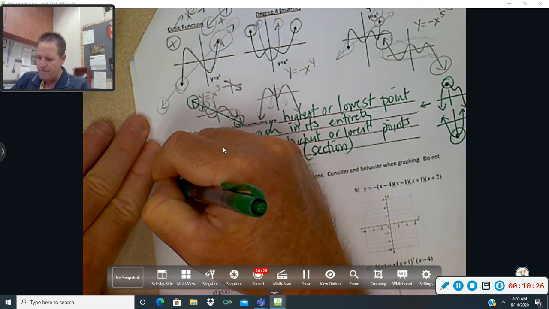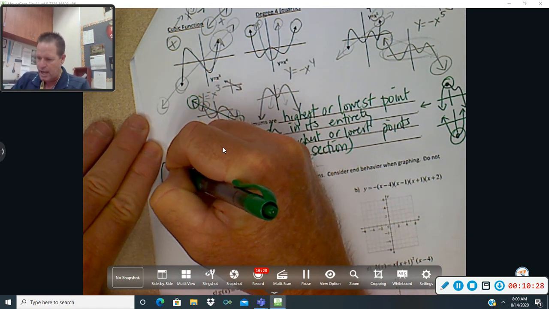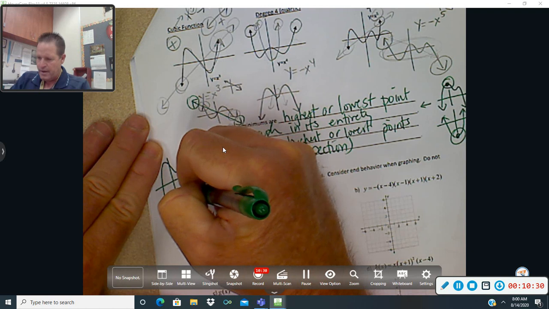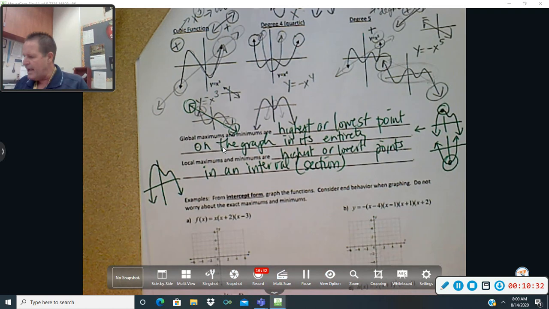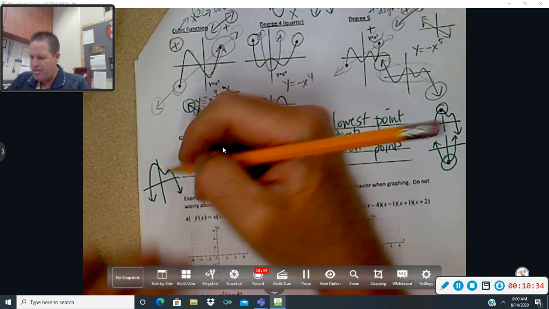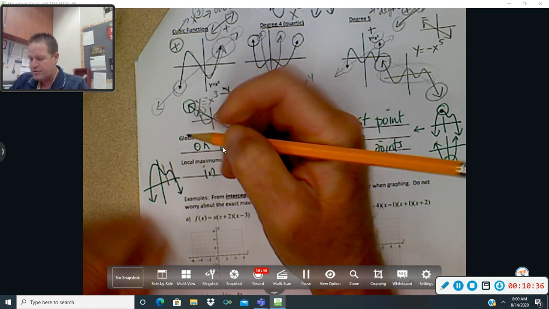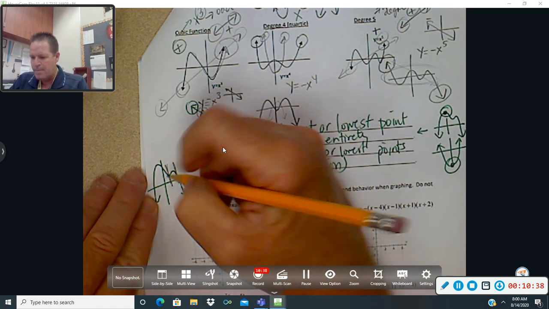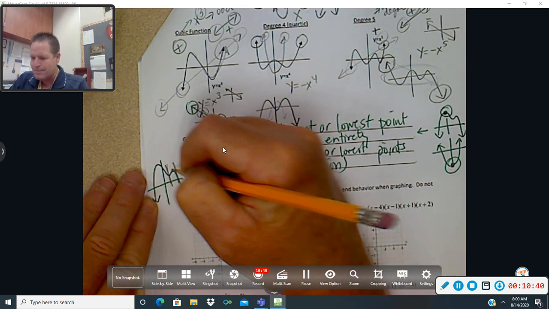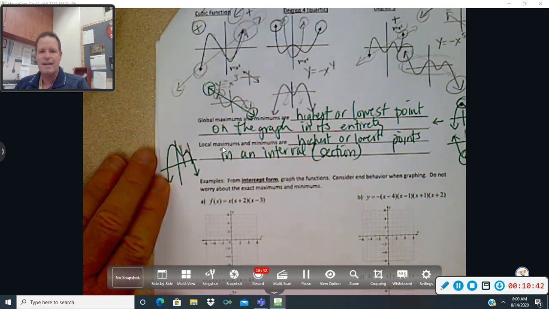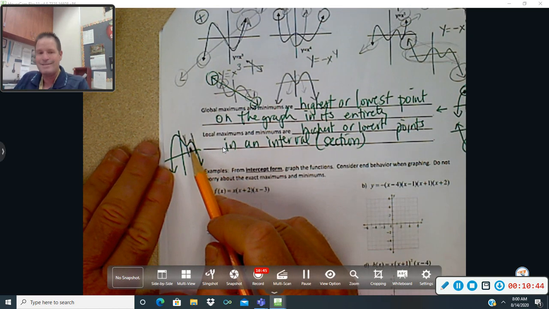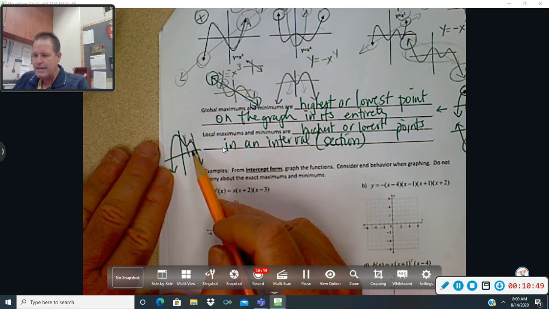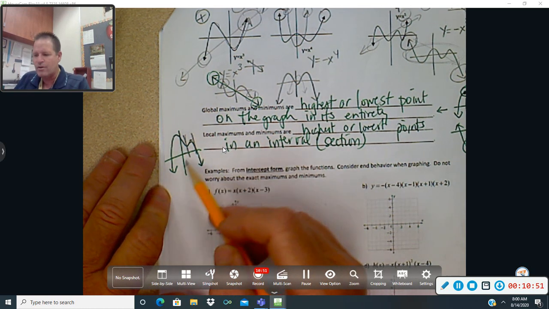So let's say that you have this picture here. It comes up really high, and it comes up again, and it goes down. If I look at only this section of the graph, just from here to here where I drew the pencil line, there is a maximum point in that section. There is a highest point in that section. It's not the highest point of the entire graph, though.